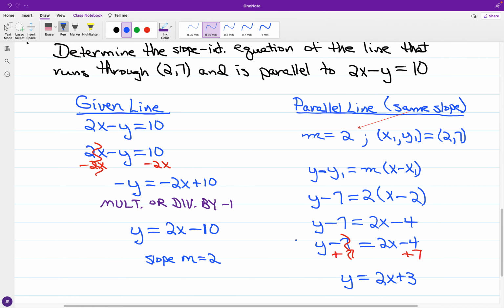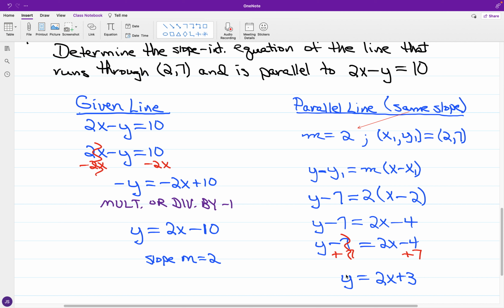That has a slope of 2. And you can check for consistency with x and y at (2, 7). If y is 7, the left-hand side of this equation is 7, and I want the right-hand side to be as well. With x at 2, 2 times 2 is 4, 4 plus 3 is 7. 7 is equal to 7, and so that equation checks out.